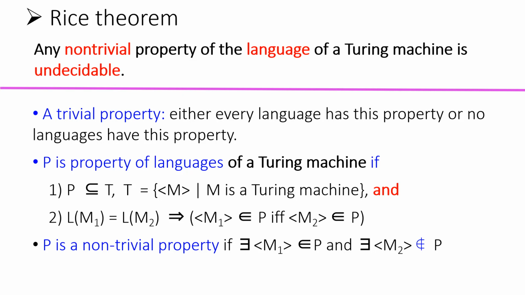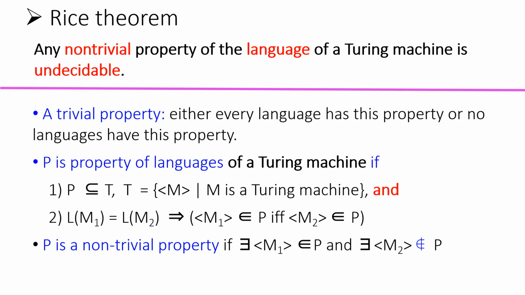And if L(M1) equals L(M2), then either both M1 and M2 are in this property P or both are not in this property P. We say P is a property, but if you take a look at it carefully, you will find it's a language. It contains all Turing machines that satisfy some properties or requirements.